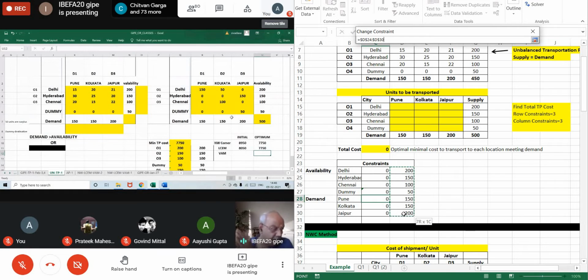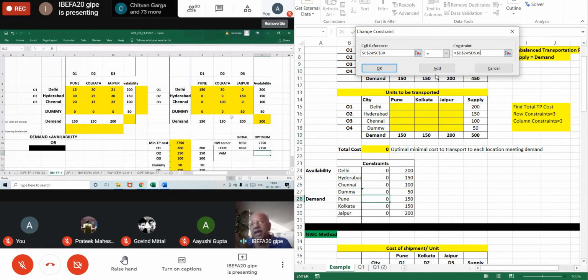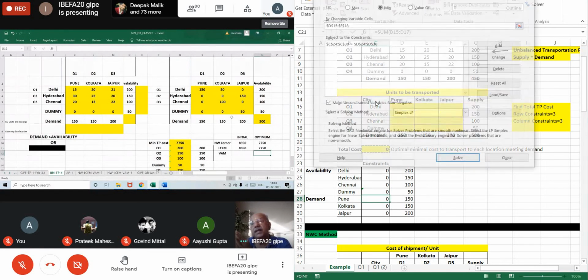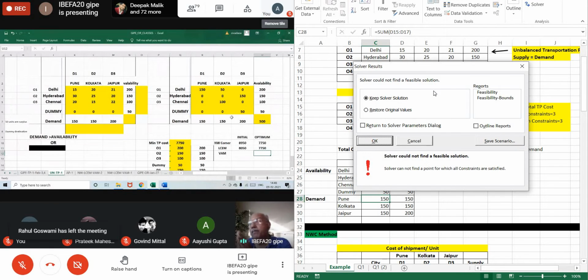Jaipur will be having a shortage to minimize the TP cost. But I started by giving to Pune, yet the optimum says Jaipur will be having the shortage.